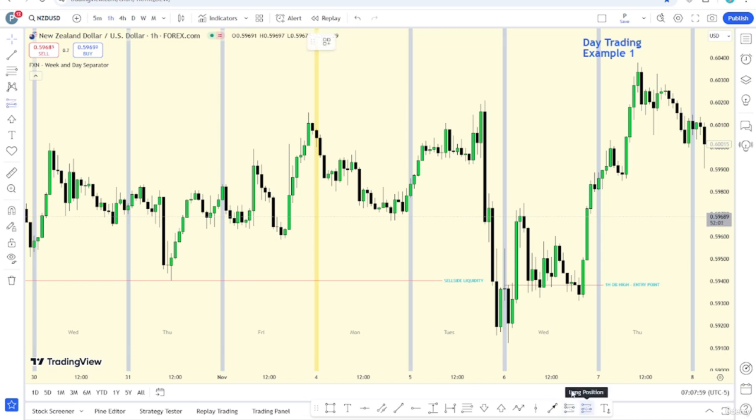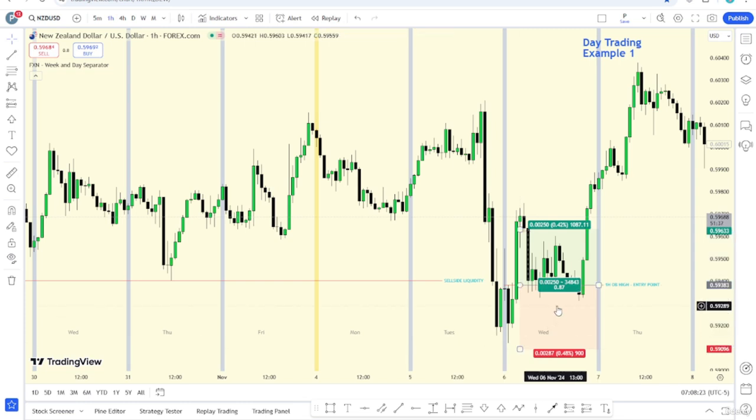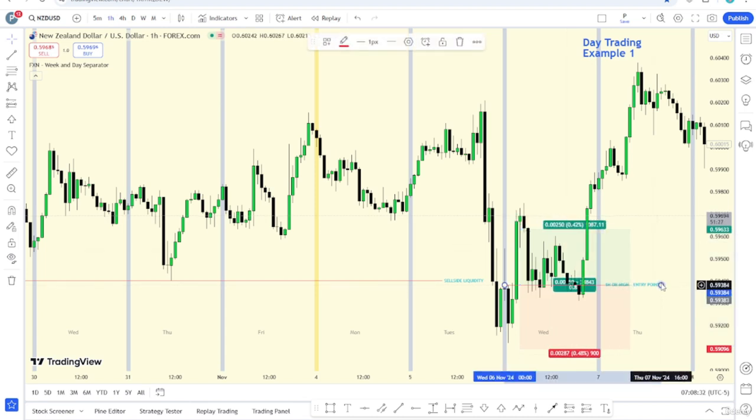If we take a hypothetical entry right there, on that candle's high, then we place our stop loss below the low of that order block and a few pips below it. You can see how many times this market comes and retests that point.